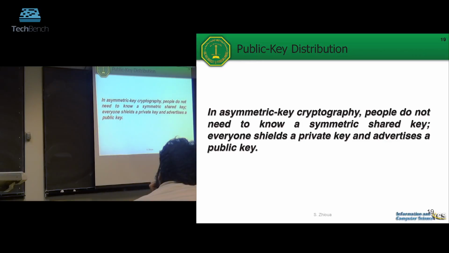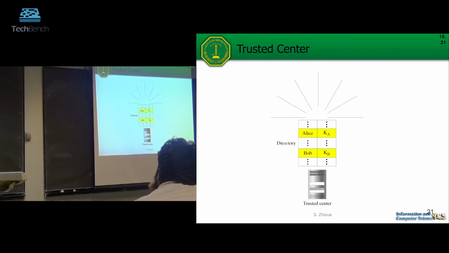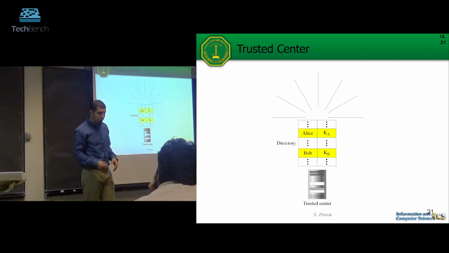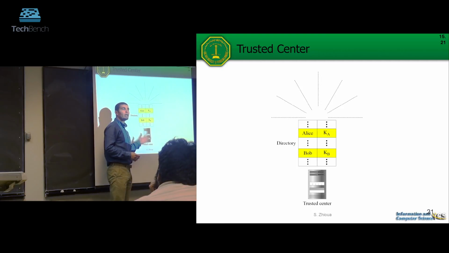People do not need to know a symmetric shared key. Everyone keeps a private key and advertises a public key. So you need to know the public keys of all the users. Okay, so Bob needs to distribute its public key. Now, if you are in a small, limited network and you need to use asymmetric cryptography, you can have just one trusted center, and everybody has the key of that trusted center and trusts it basically.